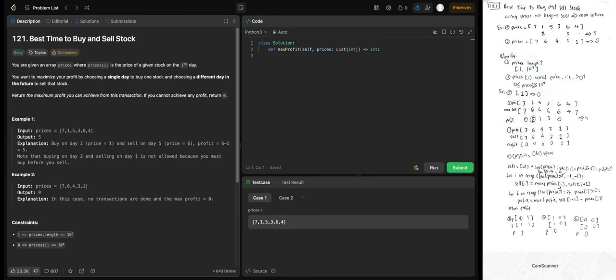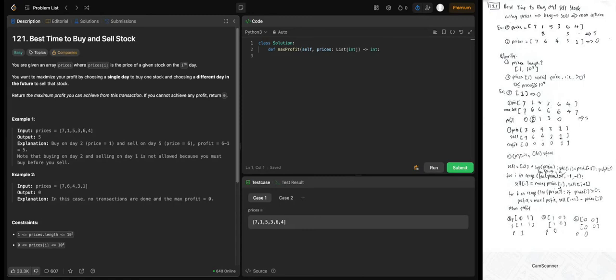So I'm gonna create a sell array initialized to the same length as prices. Then I'm going to go through the array from the end.